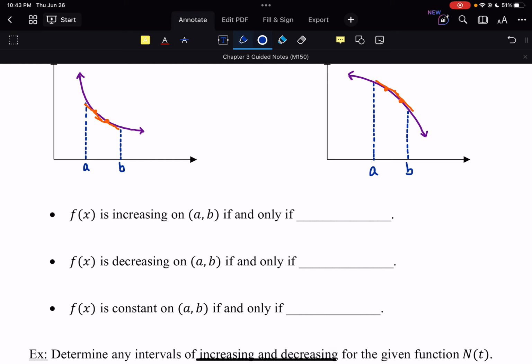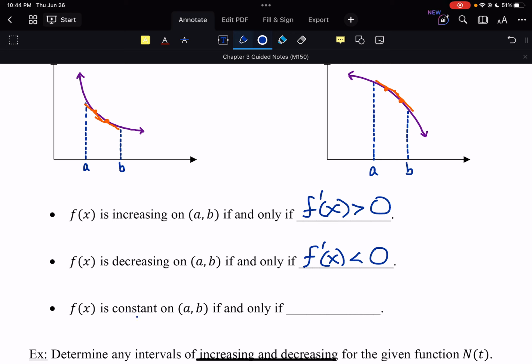We say that f of x is increasing on the interval from A to B if and only if f prime of x is greater than 0. So if our derivative is positive, that means that f of x is increasing on that interval. F of x is decreasing on the interval if and only if f prime of x is less than 0.